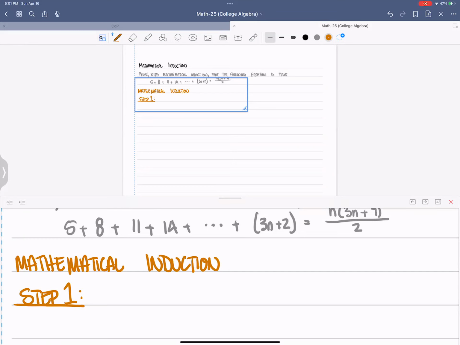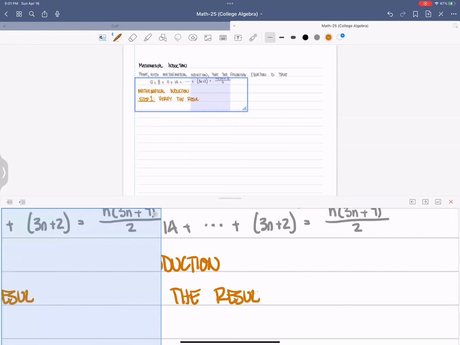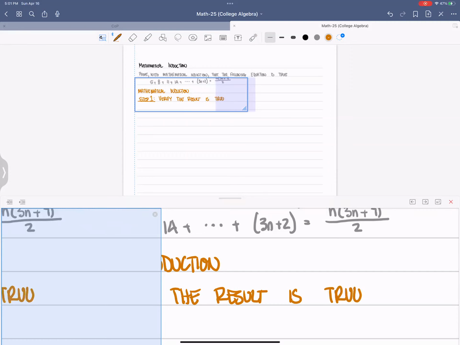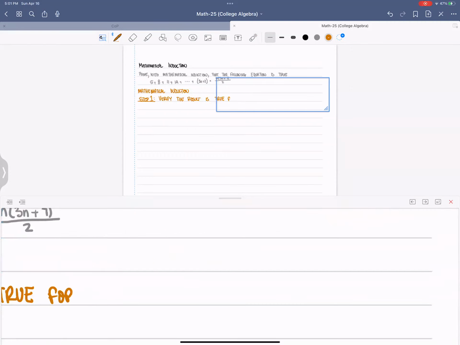So verify that the result is true for n equal to 1.